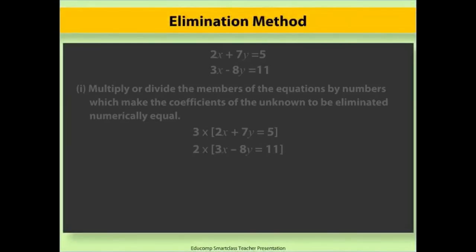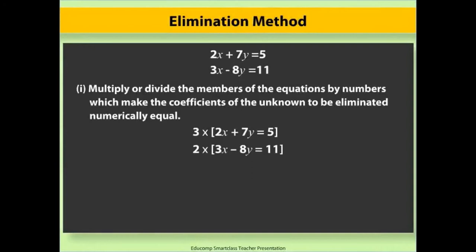Elimination method. 2x plus 7y is equal to 5, equation 1. 3x minus 8y is equal to 18, equation 2. Number 1: multiply or divide the members of the equations by numbers which make the coefficients of the unknown to be eliminated numerically equal. 3 into 2x plus 7y is equal to 5, 2 into 3x minus 8y is equal to 18.